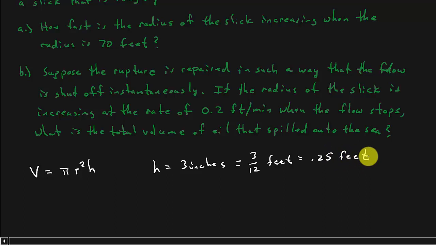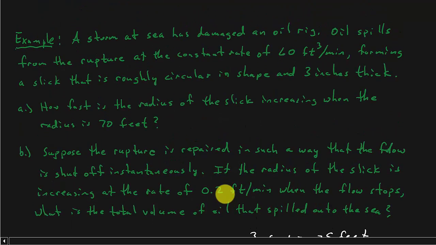It doesn't say anything about that height changing. And they tell us it's 3 inches thick. But notice the other information they give us: 70 feet, 0.2 feet per minute, 60 cubic feet per minute. So we've got to put the 3 inches in feet. All right.